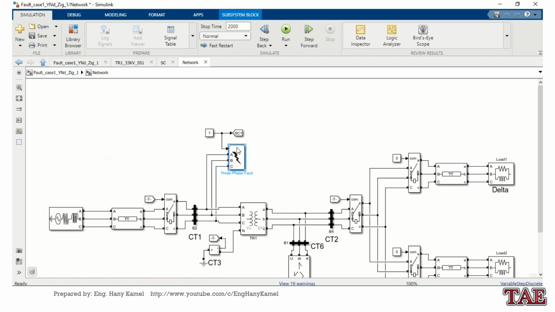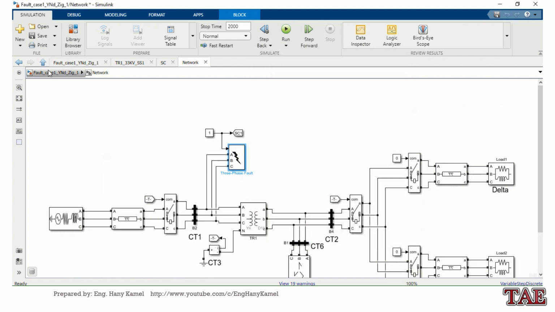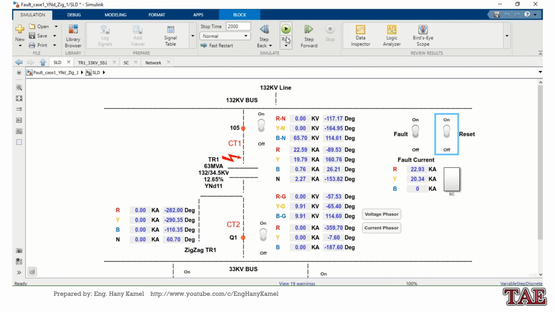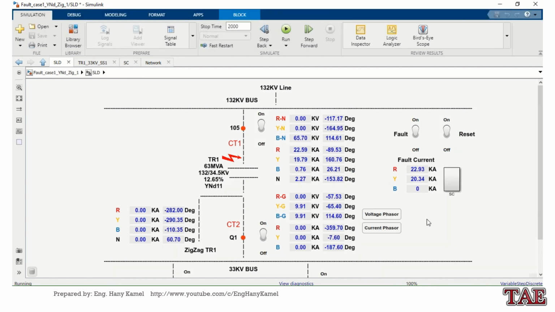Next, phase to ground fault. Now we have the fault current in our phase.